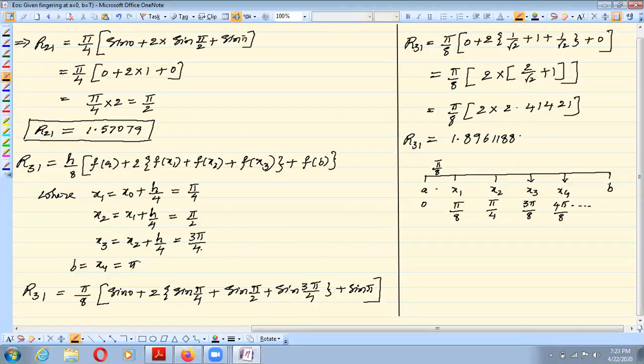Up to and so on we will get 5. So that means we have to write x1, x2, x3, x4. Next x5, 5 pi by 8, x6, 6 pi by 8, x7, 7 pi by 8. Finally b, 5. This is a concentration of the subpoints.